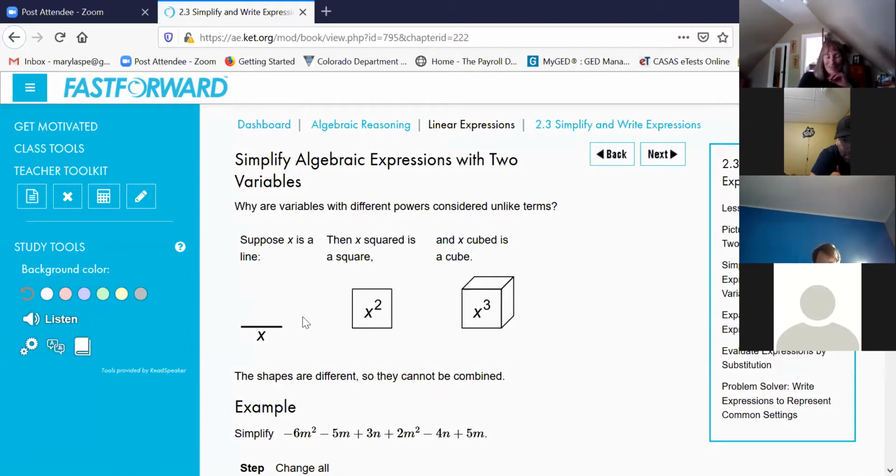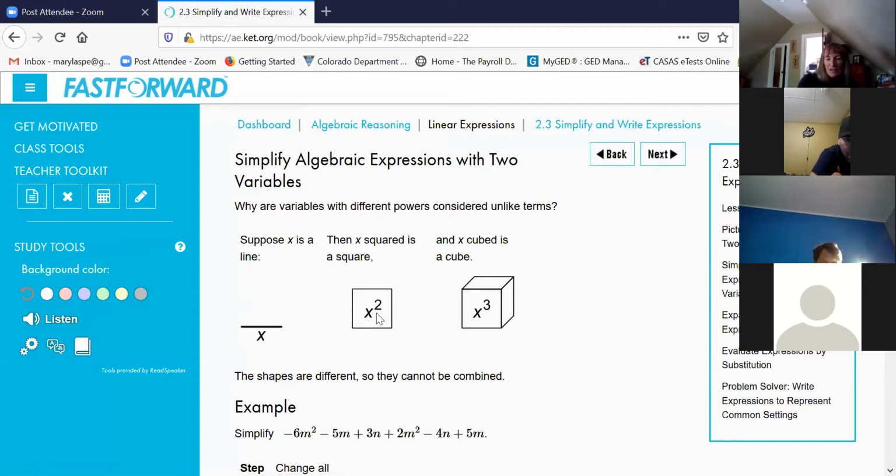Oh, I like this picture. So if you have a variable that's not raised to a power, you can think about it as representing distance on a number line. If it's squared, you can think of it as a square.